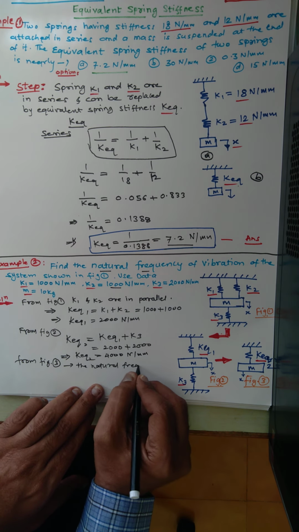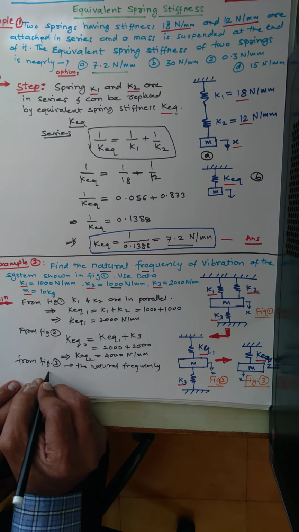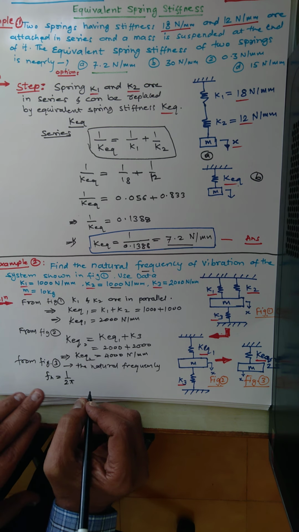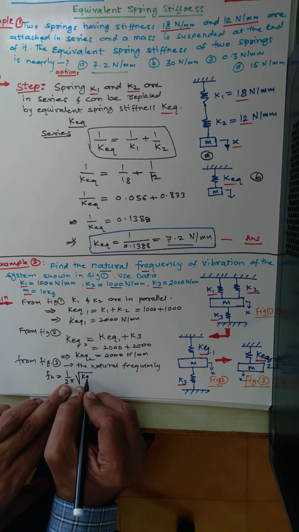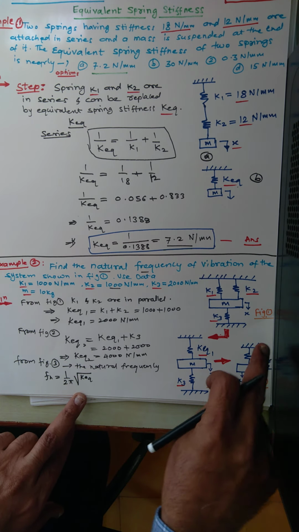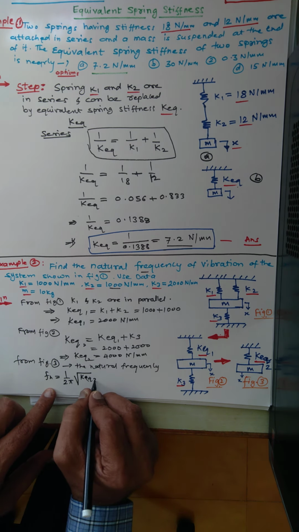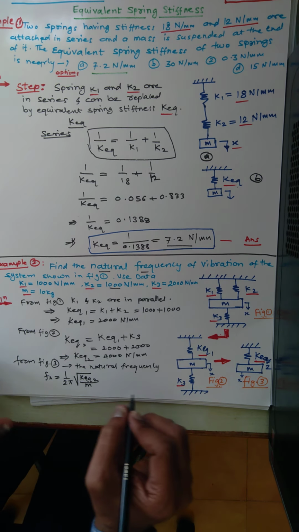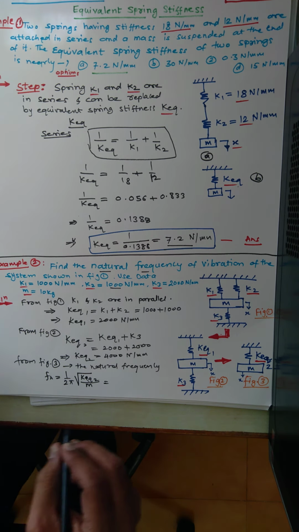Fn is equal to 1 upon 2 pi times the square root of K by m, where K is the stiffness of the spring, but here we write the total stiffness, K equivalent 2, divided by the mass m.